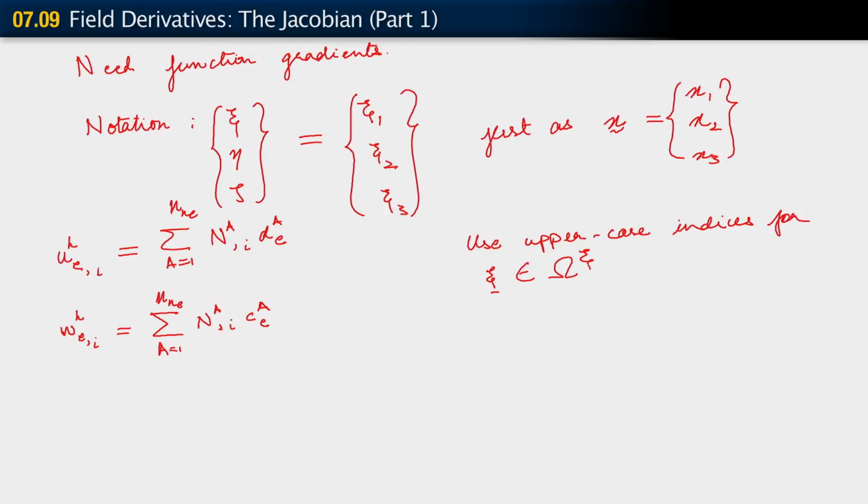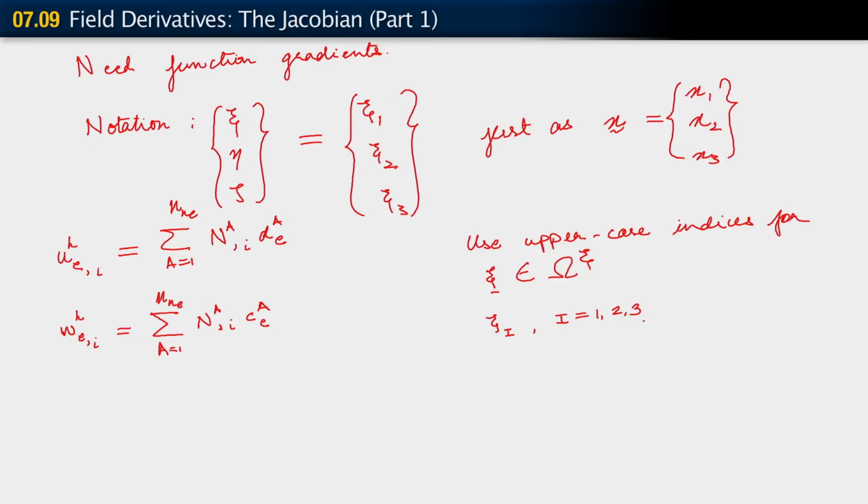The components of xi we are going to write as xi I, where we're using an uppercase I running between 1, 2, and 3.